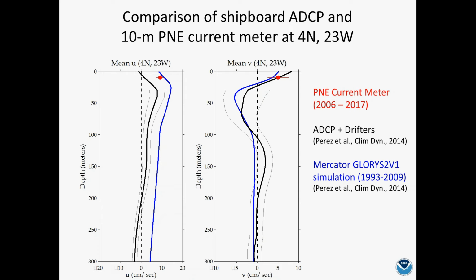So maybe that extrapolation upward is not that great using an assumption of constant shear. In contrast, the meridional component, which is on the right figure, when we take the shipboard ADCP data and extrapolate it upward, that actually agrees pretty well with the moored data. So this is what we know historically, and it's the context leading up to TACOS.